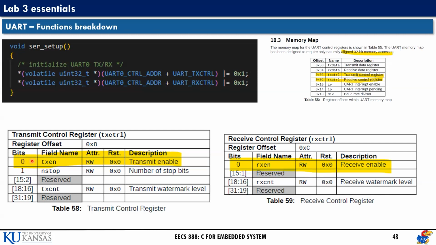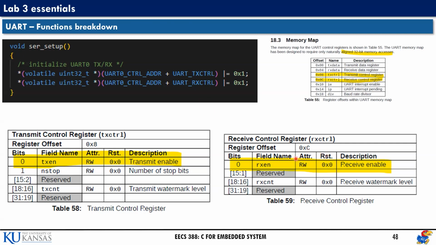If we set 1 to this bit 0, that means the UART knows it's going to transmit something, because we are enabling the transmit signal. So now the UART is expecting some data to transmit.